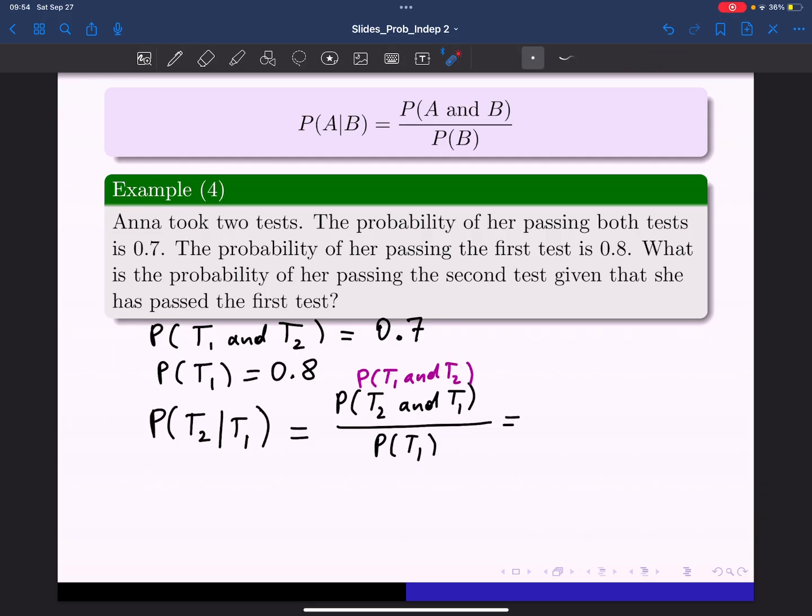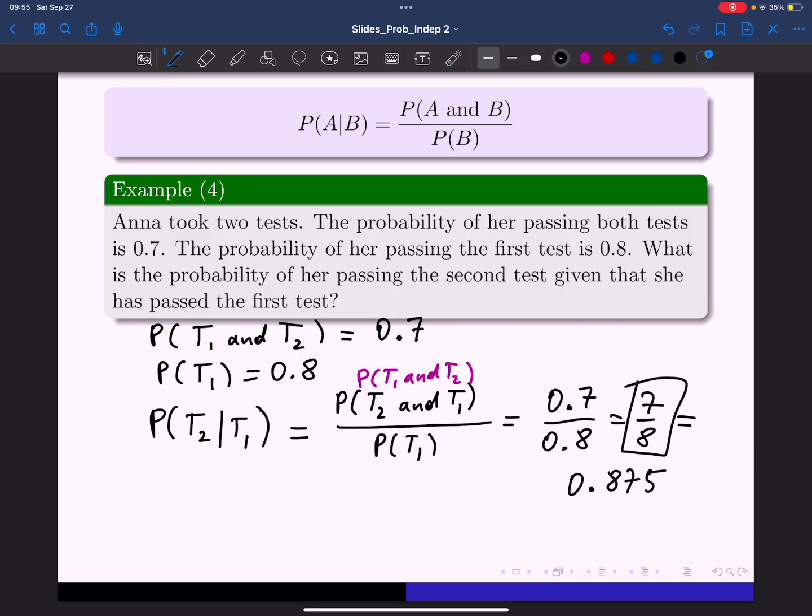So we have 0.7 divided by 0.8, which is 7 over 8, or on a calculator, 0.875. So the probability of passing the second test, given that she passed the first, is 7 out of 8.